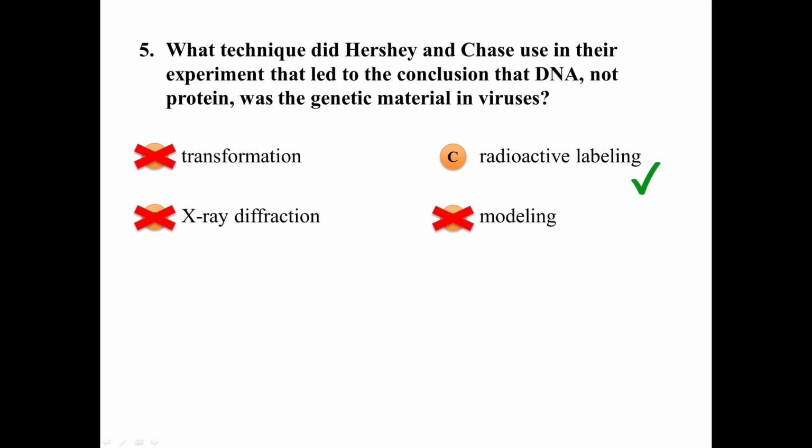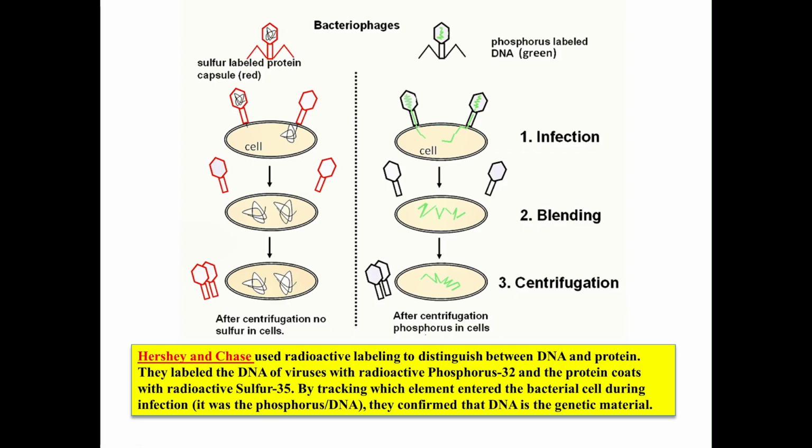And let's remember together the experiment. They used radioactive labeling to distinguish between DNA and protein. They labeled the DNA of viruses with radioactive phosphorus and the protein coat with radioactive sulfur. By tracking which element entered the bacterial cell during infection, they confirmed that DNA is the genetic material.